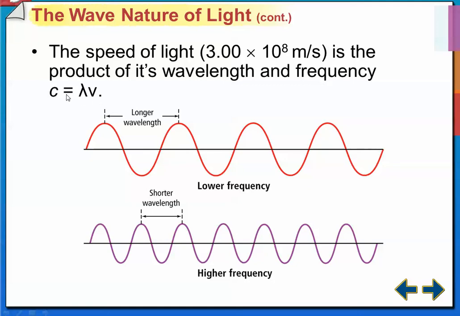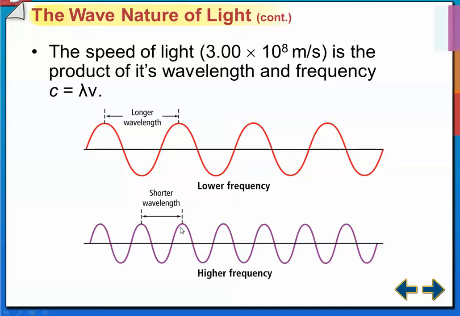With this relationship, the wavelength and the frequency multiplied by each other always equals the speed of light. So what that means is if we have a longer wavelength, we're going to have a lower frequency. If this number is bigger, the wavelength is longer, the frequency is going to be smaller. And the opposite happens, right? If we have a shorter wavelength, if this number is small, then the frequency is going to be higher.